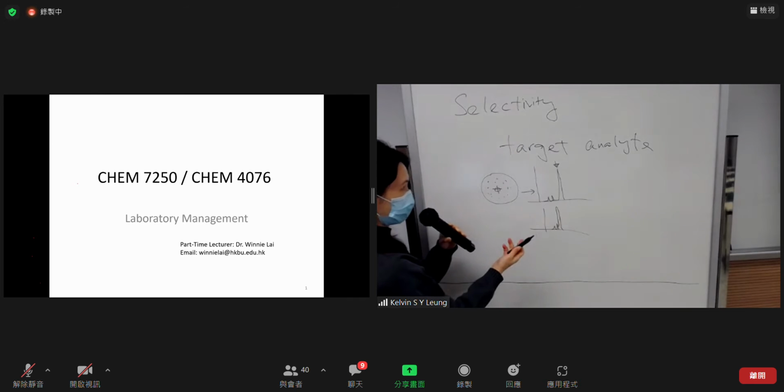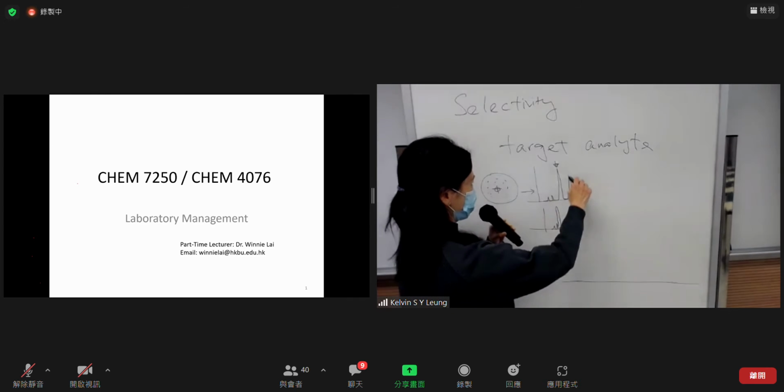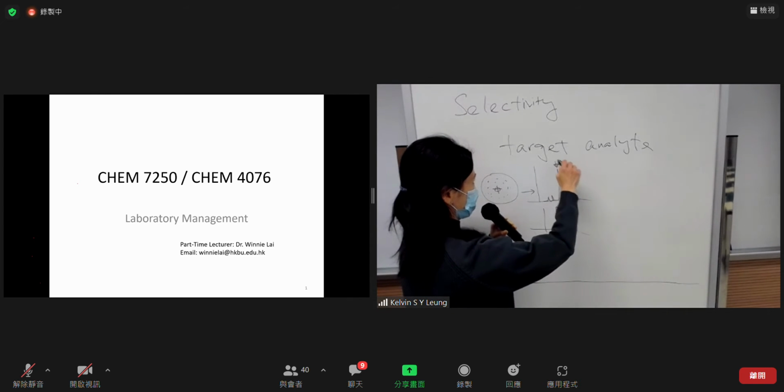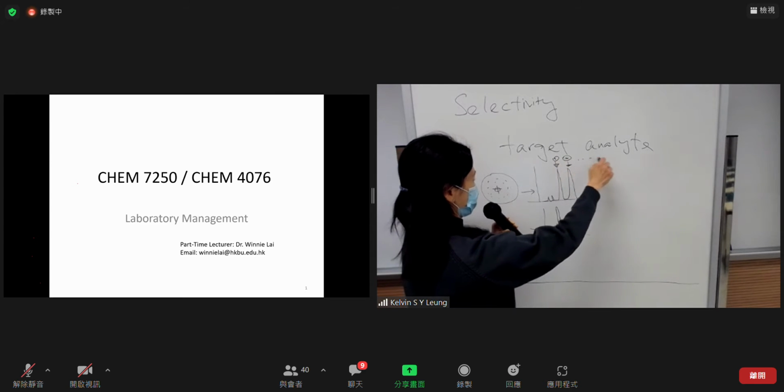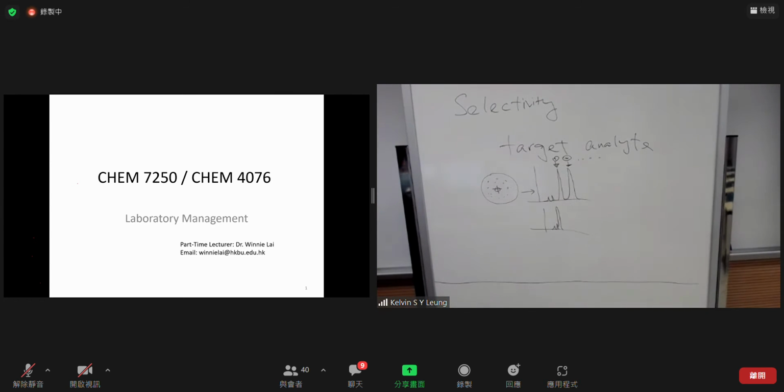If you have two target analytes, obviously you will have two separate peaks, and so on. The more target analytes in your solution that you have to detect, the more well-separated a method you need to develop. This is one of the characteristics that we have to consider when you perform the method validation. So the first one is selectivity.